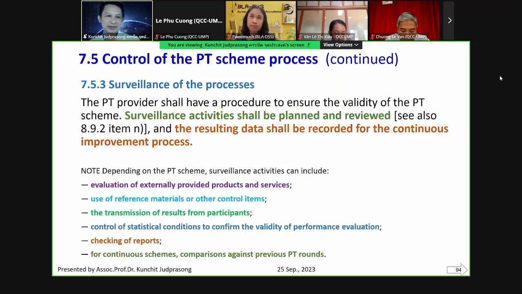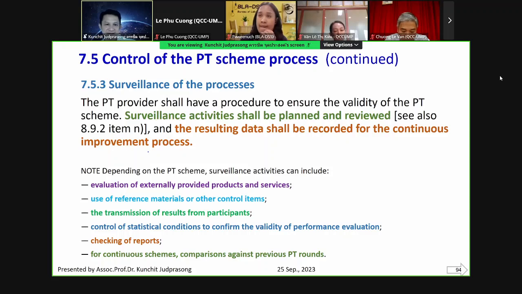If no, I continue with 7.5.3 on surveillance of the process. The PT provider shall have a procedure to ensure the validity of the PT scheme. The surveillance activity shall be planned and reviewed, and the resulting data shall be recorded for the continuous improvement process.